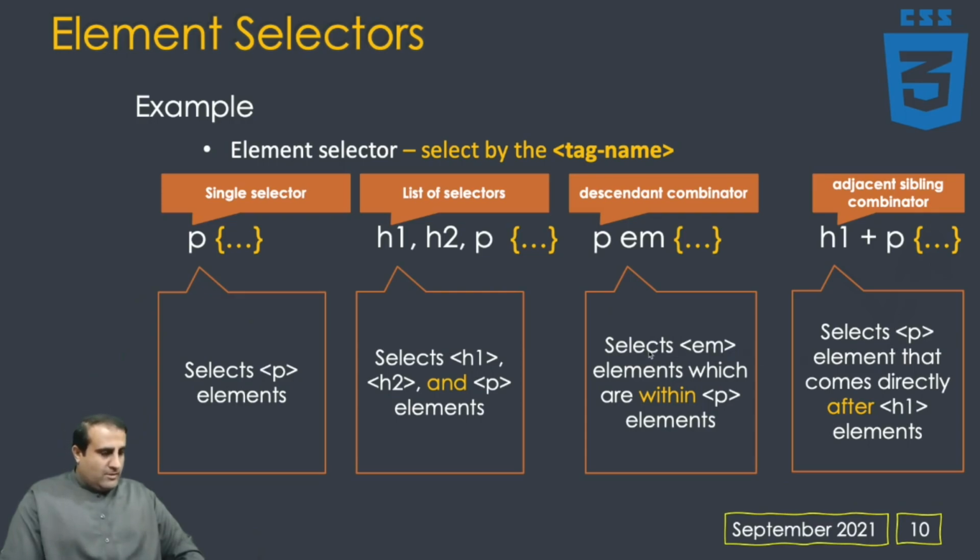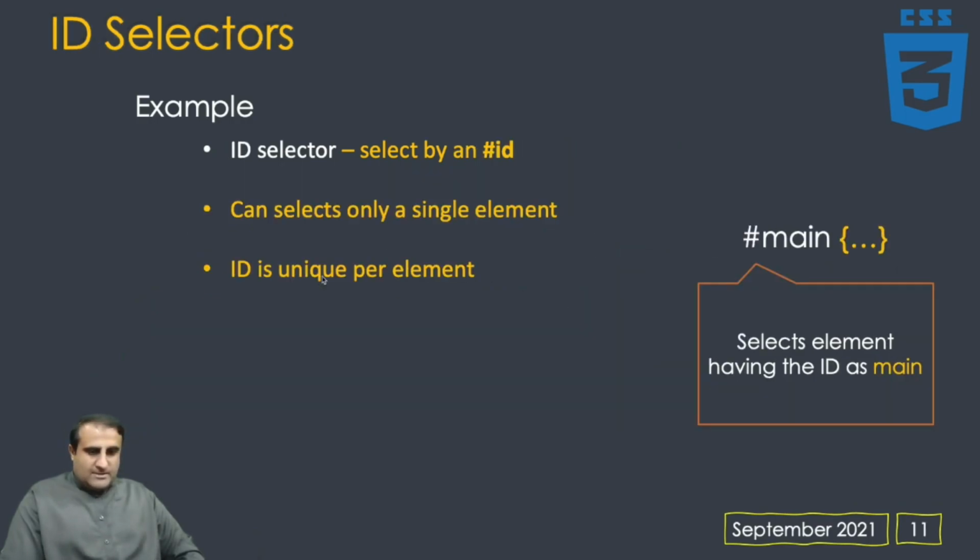As an example, we can see the ID selector. Here we can specify the ID with the pound sign. Usually there is only a unique ID per element.